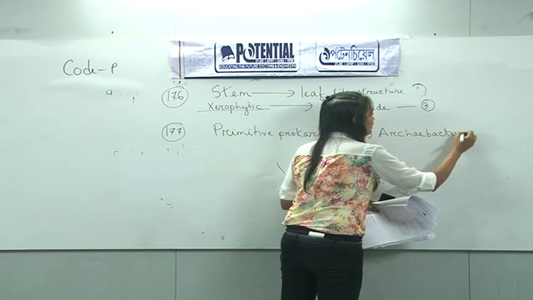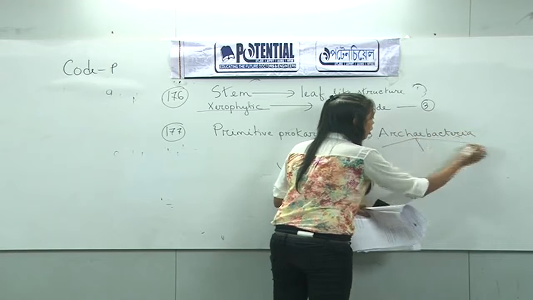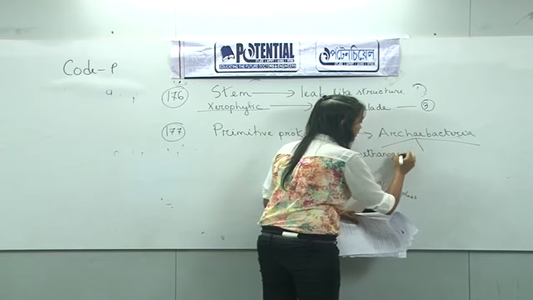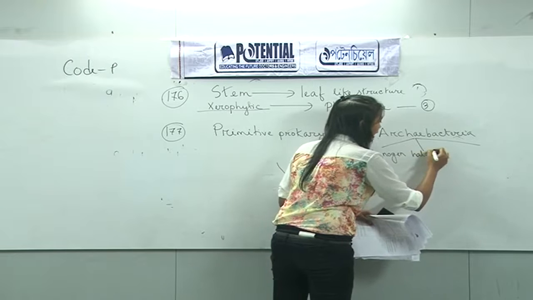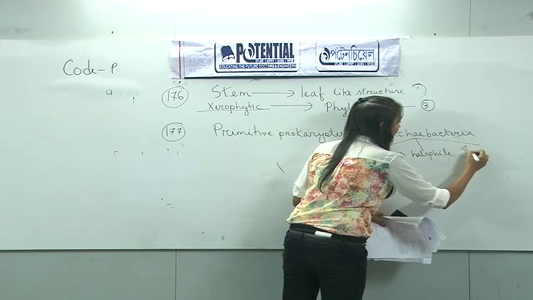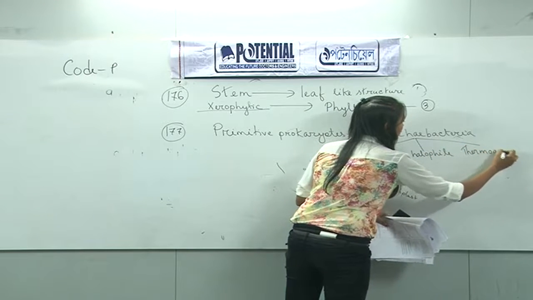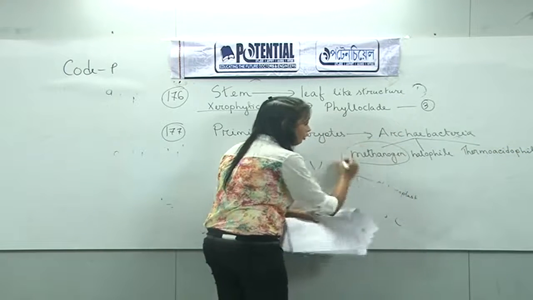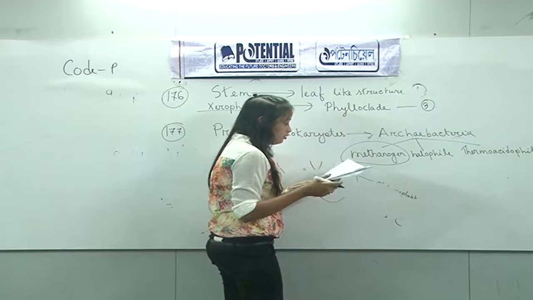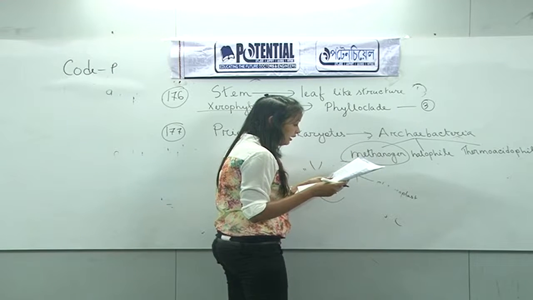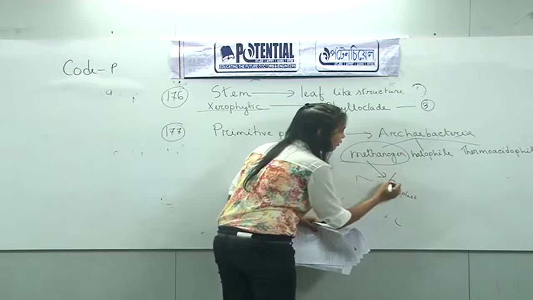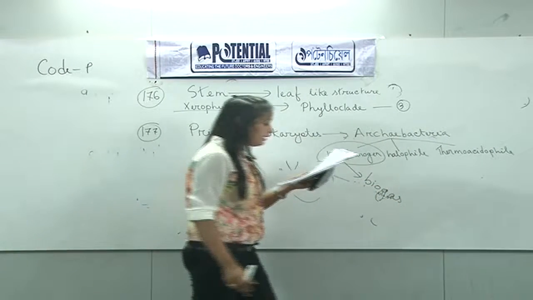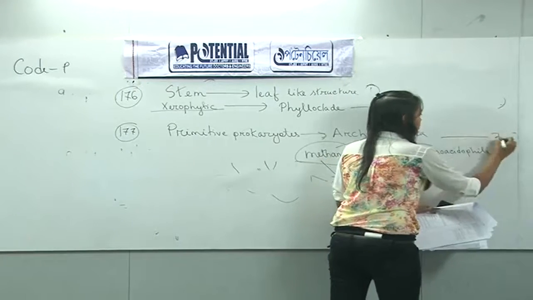So these archaebacteria have 3 groups of organisms: methanogens, halophiles, and thermoacidophiles. Out of that, methanogens are those microorganisms, those primitive forms of bacteria, which are responsible for production of biogas. So the correct answer is 3.